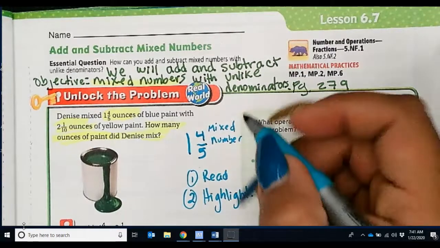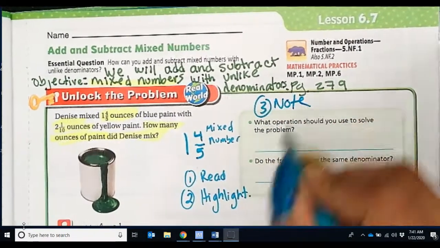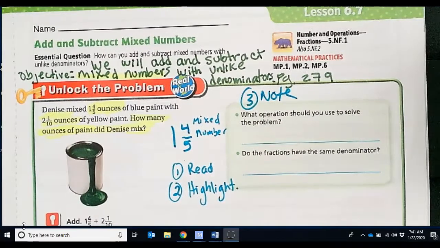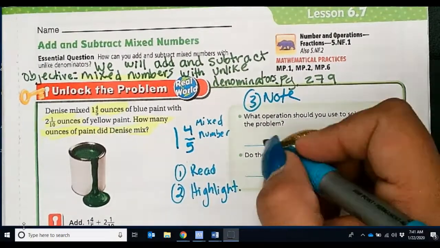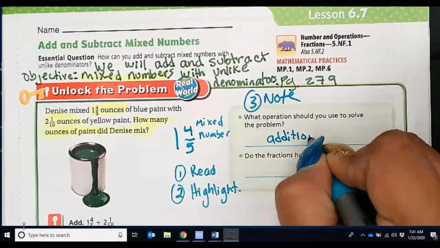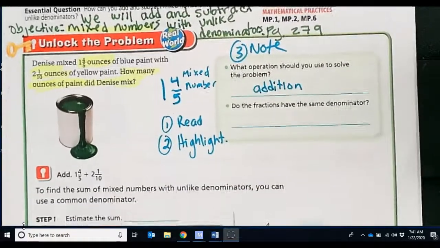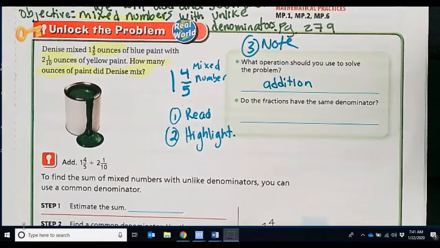And so this is my step where I'm going to note what comes to your mind of what I need to do. What operation should you use to solve the problem? If you thought it was addition, you are correct. We are going to add those two fractions, or I should say, those two mixed numbers.